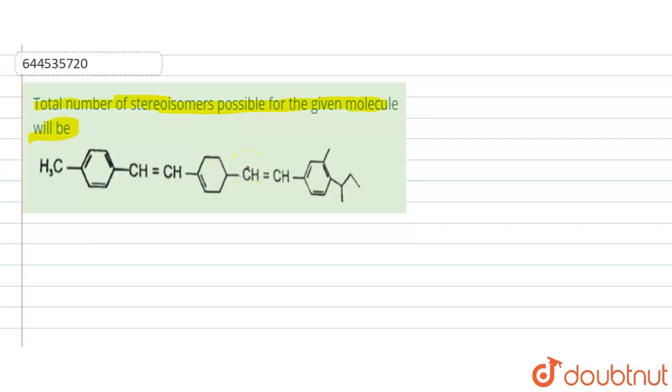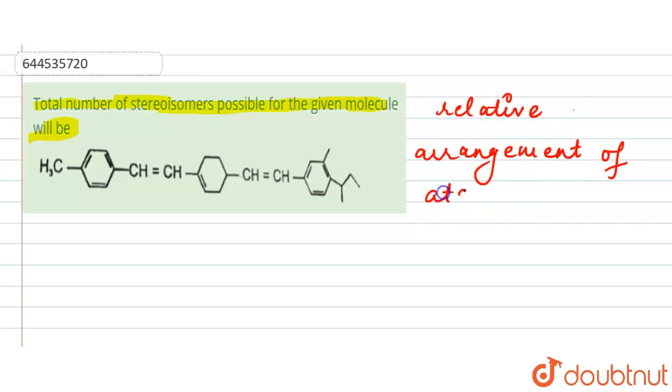Stereoisomers are those which have a difference in the relative arrangement of atoms or groups in space.